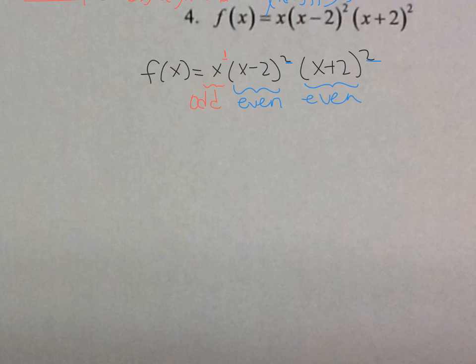Let's write down our zeros. So for x, the x is odd here. If I set this equal to 0, I'll just get x is equal to 0. For this one right here, remember I had x is equal to positive 2. And for this one here, x plus 2 squared, I had x is equal to negative 2. Remember, I had 2 negative 2's and 2 positive 2's?